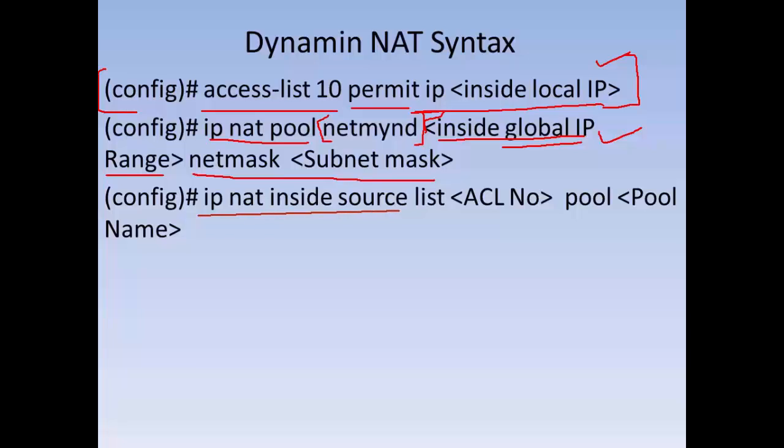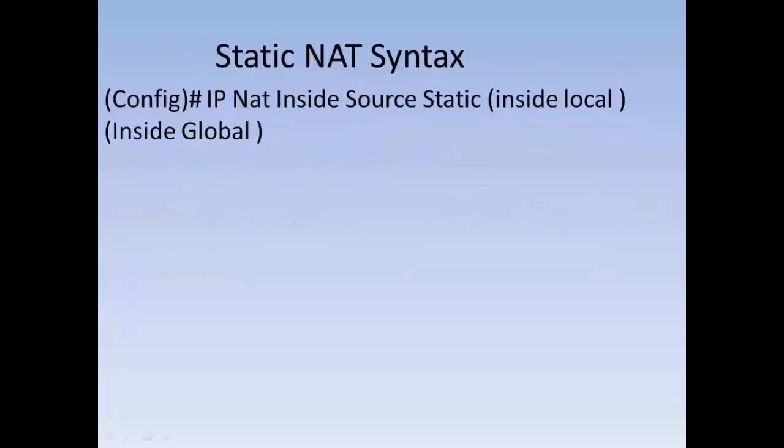I bind them with the command ip nat inside source. The inside source is the list I have created here, access-list 10. And the outside source is the pool, here the pool name that I have given, netmind. If you remember the previous video, this syntax is nearly the same. Let's go back there to revise: ip nat inside source static.